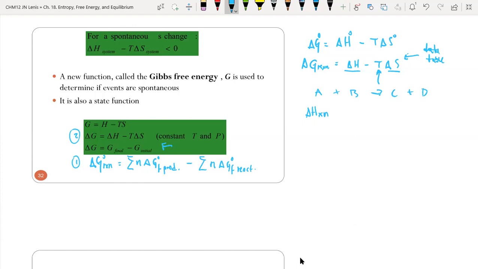How do you find delta H of the reaction? You know, the sum of n delta H standard of formation of products minus the sum of n delta H standard of formation of reactants. So you do that. Use the data table to find those.